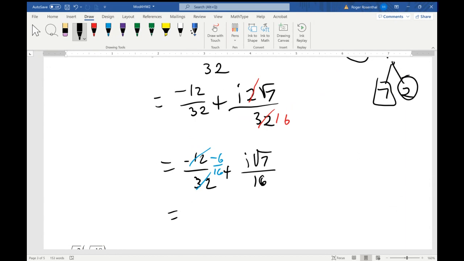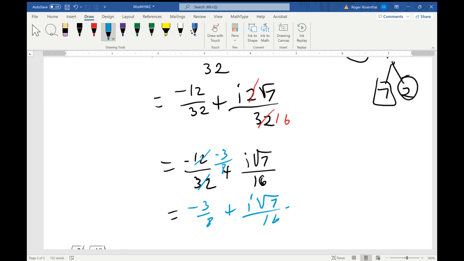I can divide even more, so let's do it by 4. Let's divide the top and bottom by 4, getting -3 over 8. So we get -3/8 plus i square root of 7 over 16.